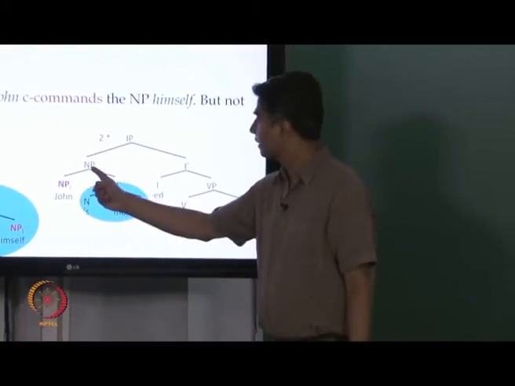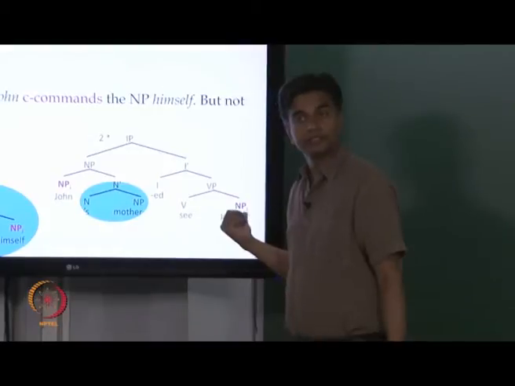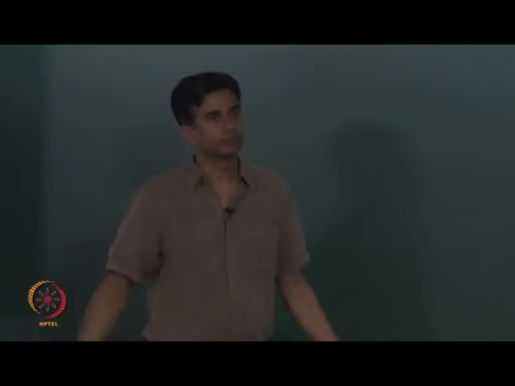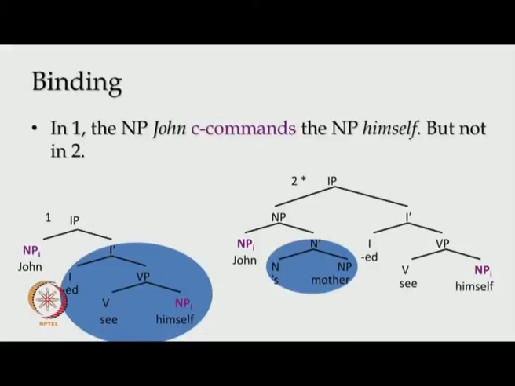If we allow this NP to C-command this NP himself, then it's like number one. Then there is no problem. No matter how big that NP is, John's father, it's potentially big, as you can see. If we allow it to be the antecedent of this, then there is no problem. That NP is in the C-commanding relationship with the reflexive. Therefore, that sentence is allowed. Okay?